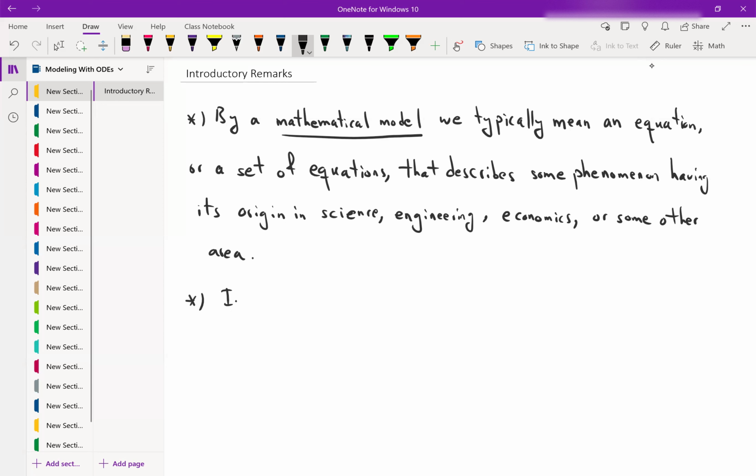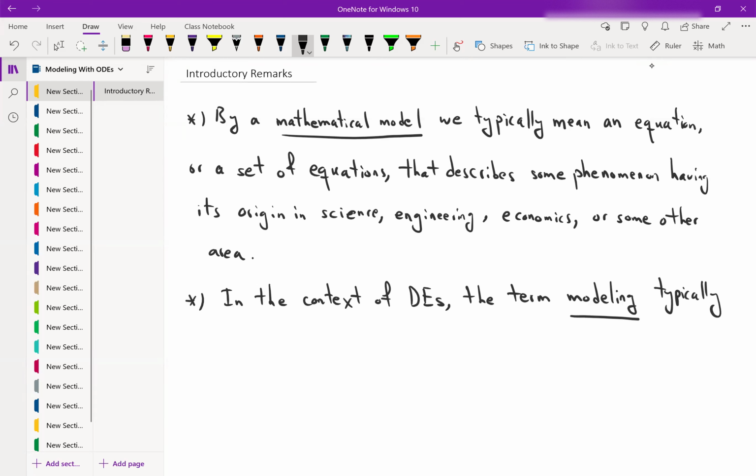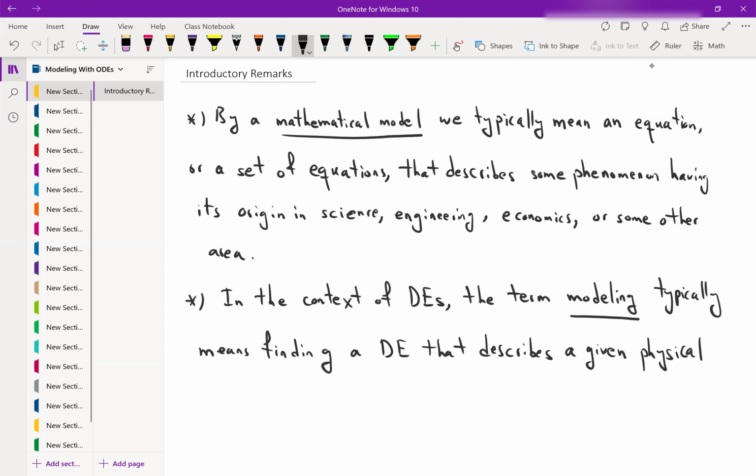In the context of differential equations, DE, our abbreviation for differential equations, the term modeling typically means finding a differential equation that describes a given physical situation.